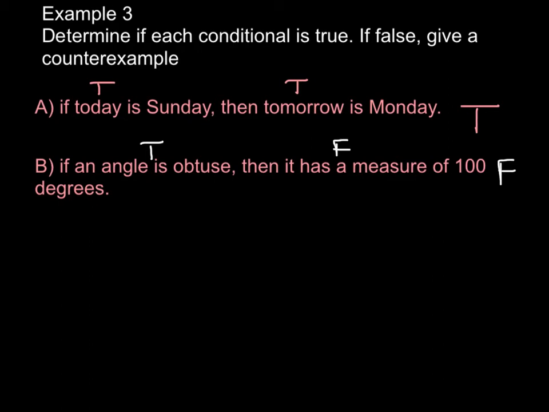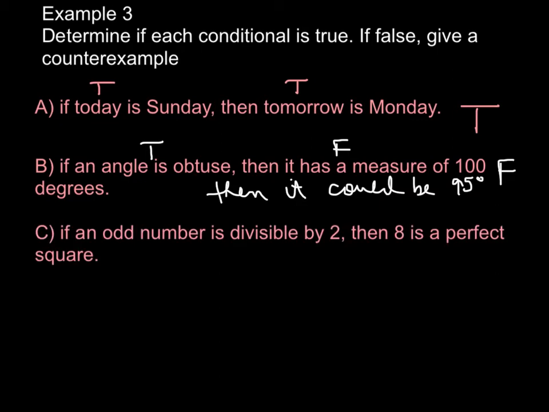Can you find a counterexample? Absolutely. If an angle is obtuse, then it could be 95 degrees, not 90. There you go. That's your counterexample. Because it has a counterexample, it's false.